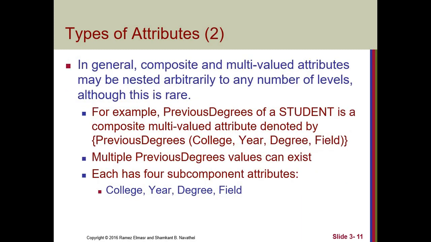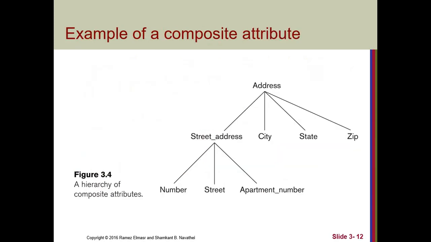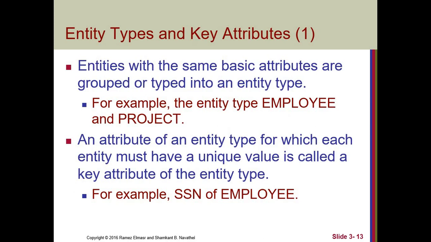Attributes can have other attributes associated with them. Here is a breakdown of an address attribute. You will notice street address is broken into additional attributes of number, street, apartment number. A key attribute may be composite.